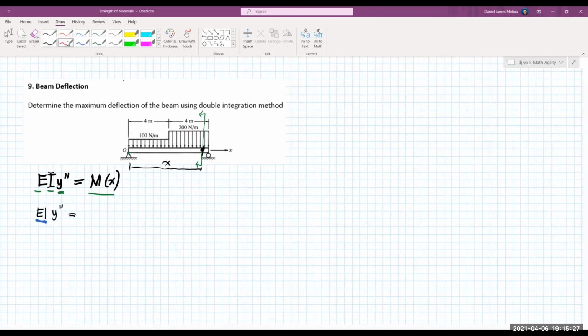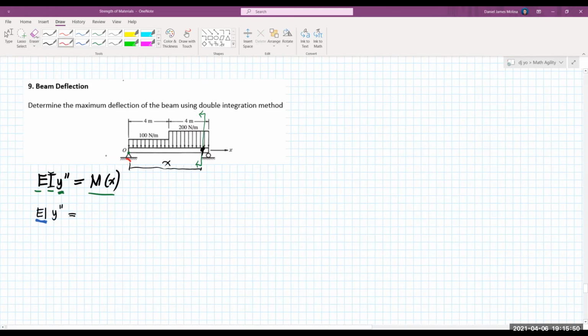Before that, we have already solved for the reactions a while ago, since this beam is the same as the previous beam. So we need to expose the reaction here at the left support, since we will use this one, 500 newtons. We'll just have 500.